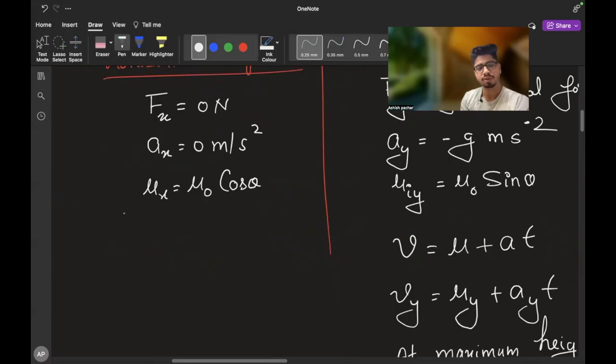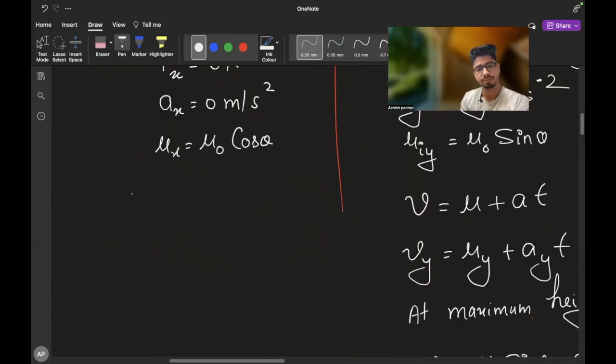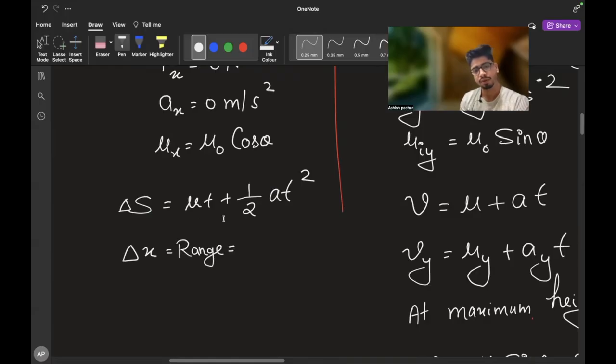So to find the horizontal one, let's talk about the horizontal motion. You can make use of the equation again, delta S is equal to ut plus half at squared. But interestingly, let me show you. I'm going to call this the range, the delta x, the range of the projectile, with the x component of the velocity.